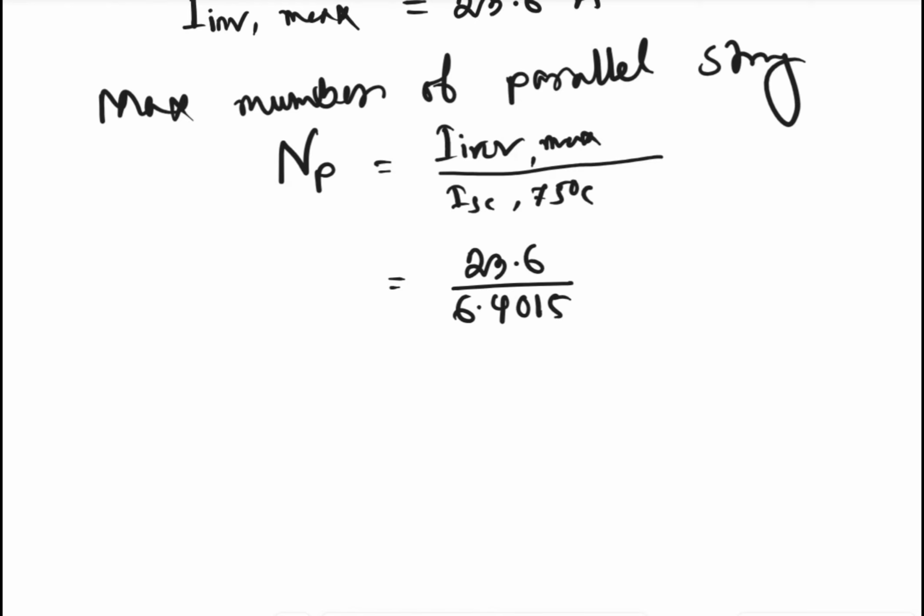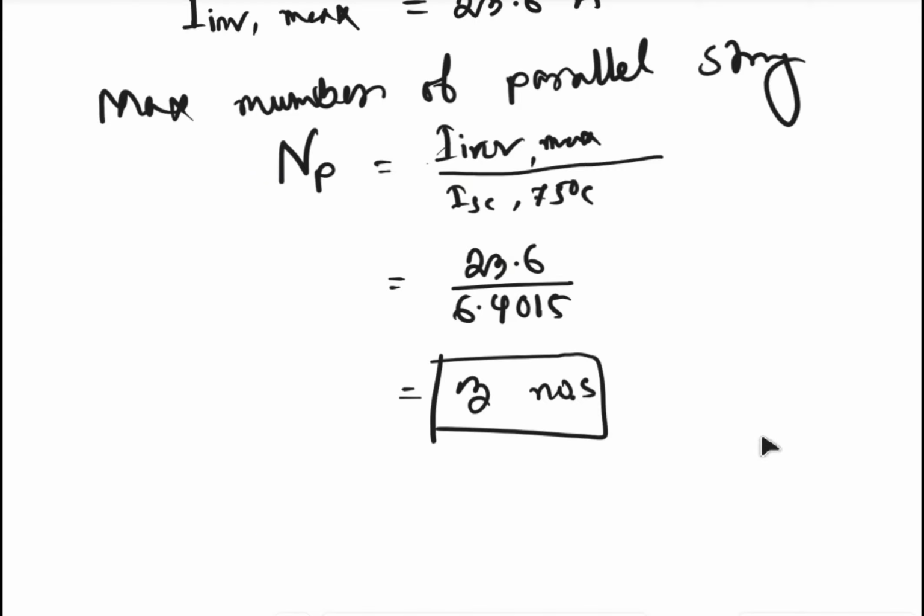So here we have three strings. By the boundary condition and the safety design, we have to use three modules in parallel of a string. So this is the solution.